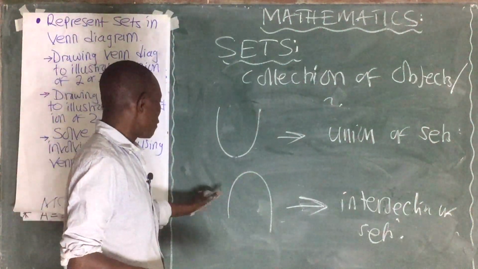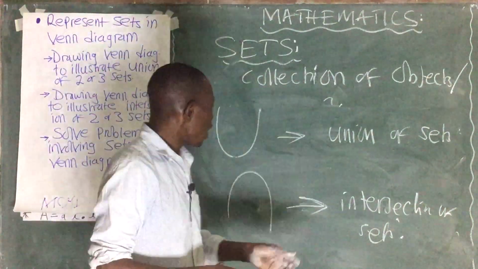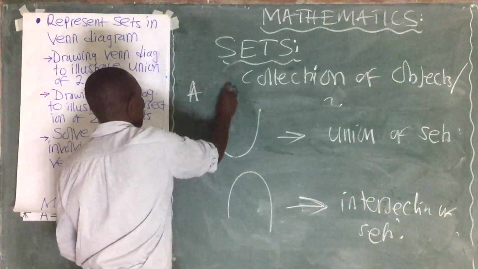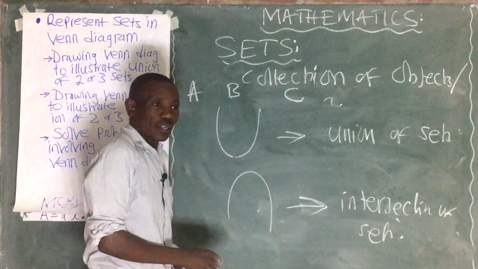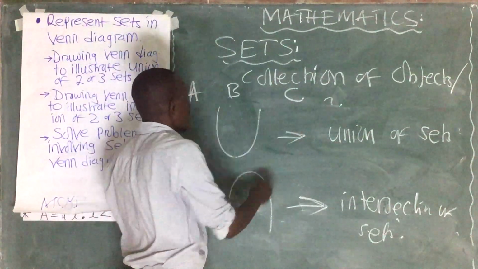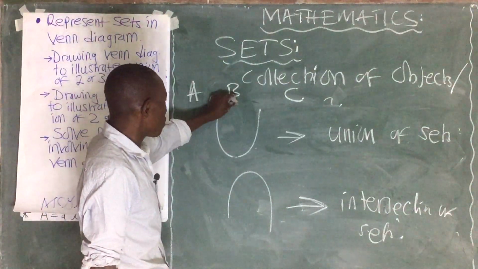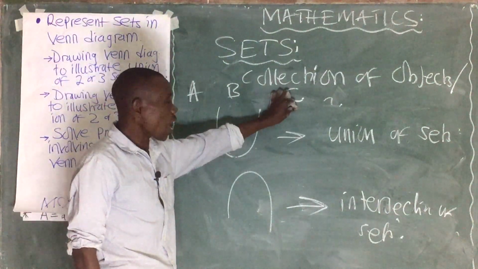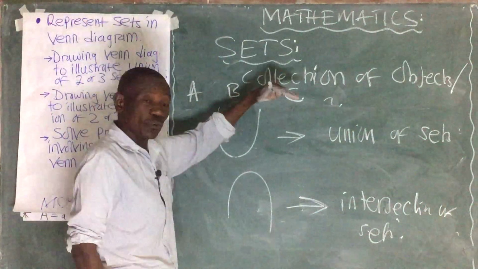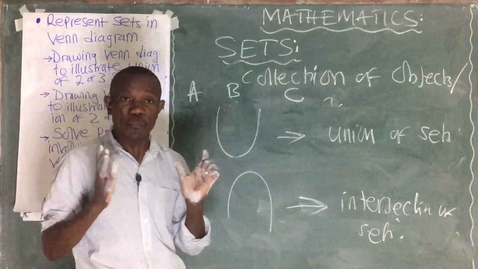And it might happen that you have some elements which are found in all those sets, like set A, set B, and set C. There are some which will be common. Like here there can be a 2, here there can also be a 2, here there can also be a 2, amongst the several elements found in those particular sets. So those ones are known as the common elements.